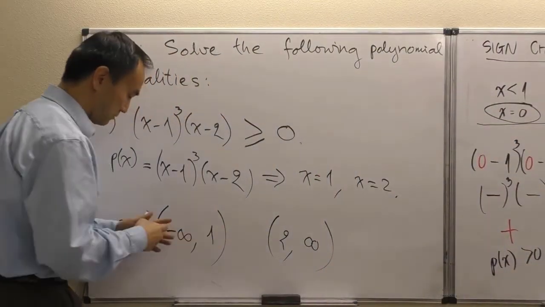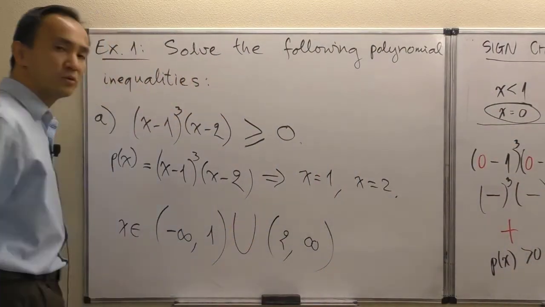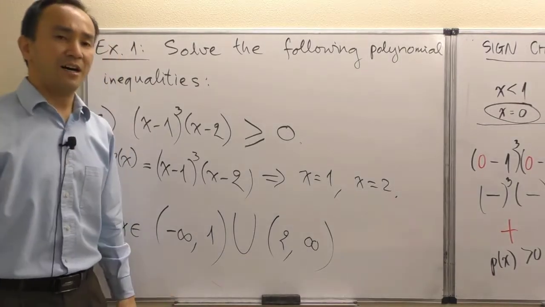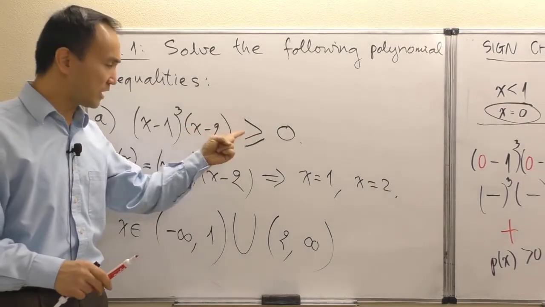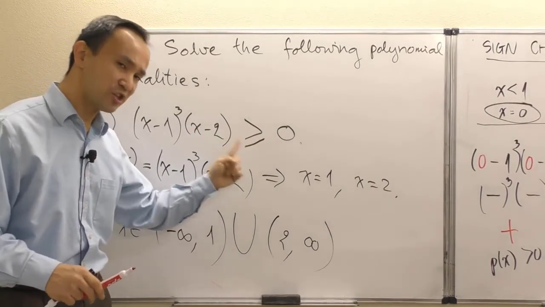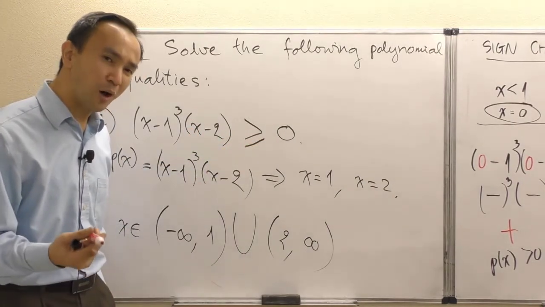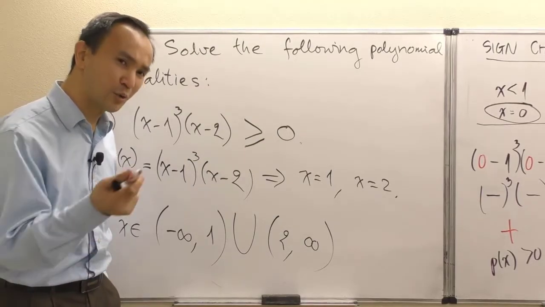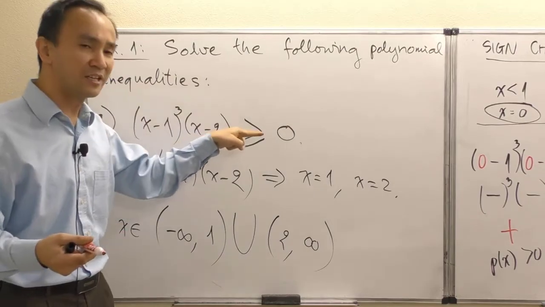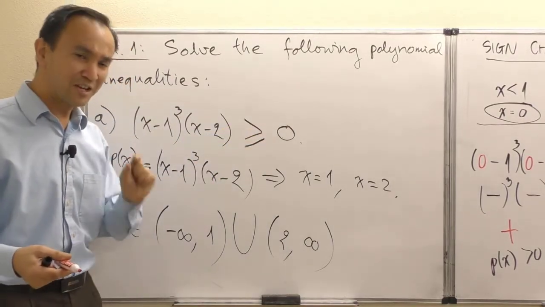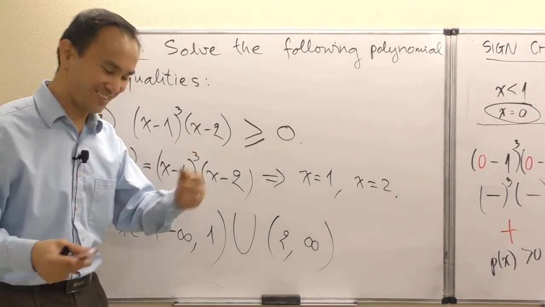Now we put a union between the two separate intervals. All right, but sadly we're not quite done, because this inequality indeed has an equal sign attached to it. That means we also want to include the values of x causing the left-hand side to equal 0. Include, like I said, include.